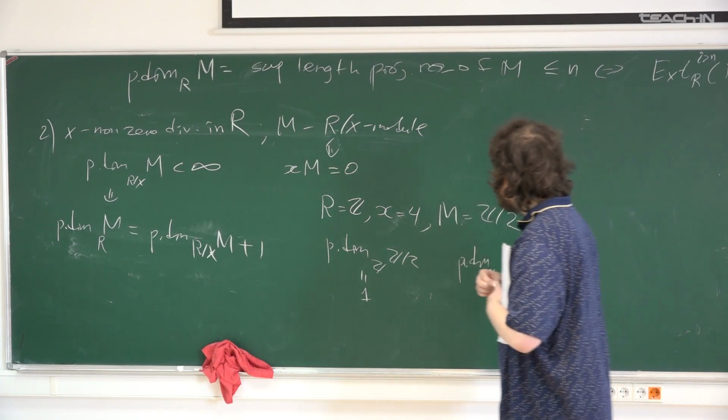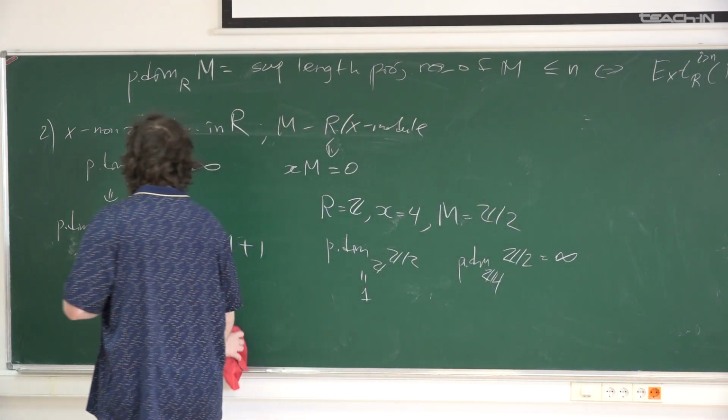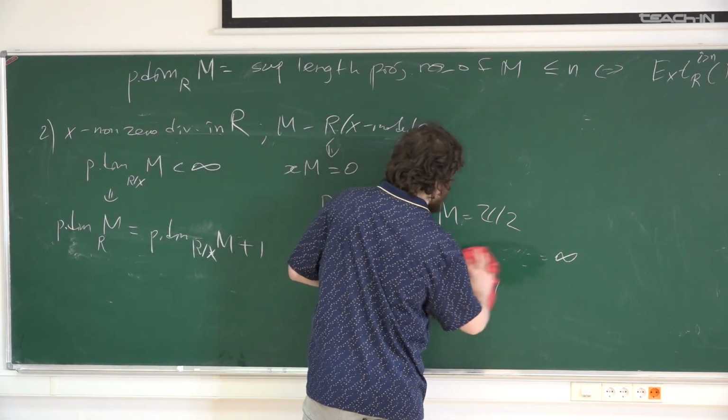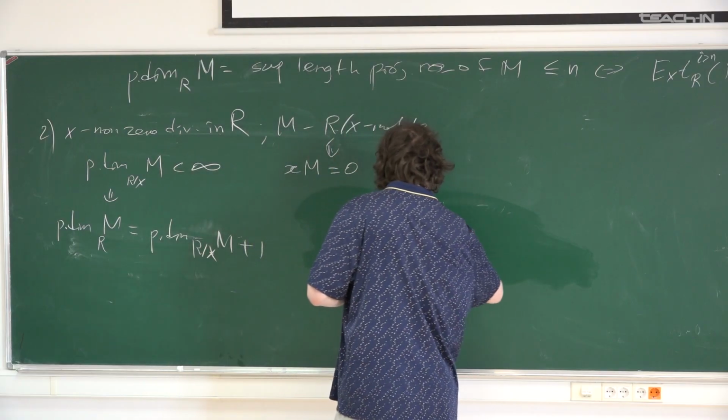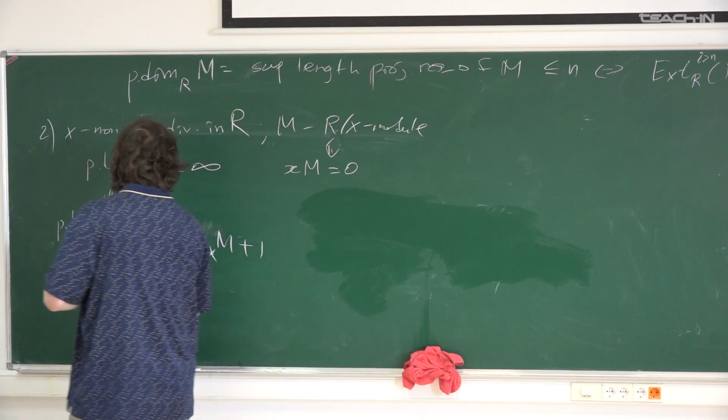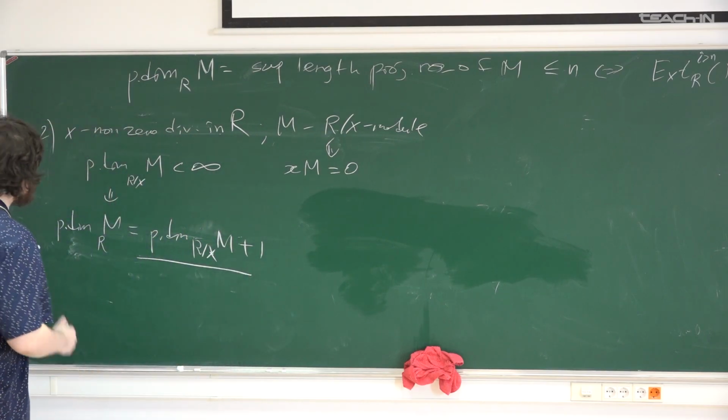So we have no equality here. But if this projective dimension is finite, then I claim that the equality holds, and we can prove that by induction on this finite number.